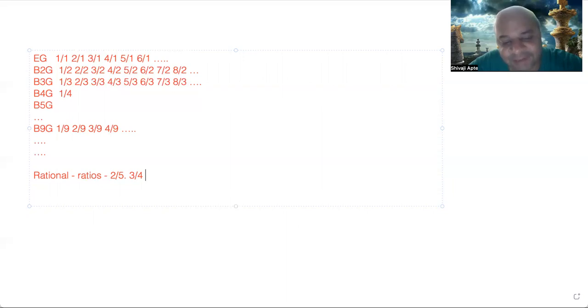And what are irrational numbers? I think I will have to come to it in the next lecture. But square root of 2, square root of 3, square root of any number which is not a perfect integer by itself. Square root of 4, no problem, it is 2. Square root of 5, yeah, it is an irrational number.